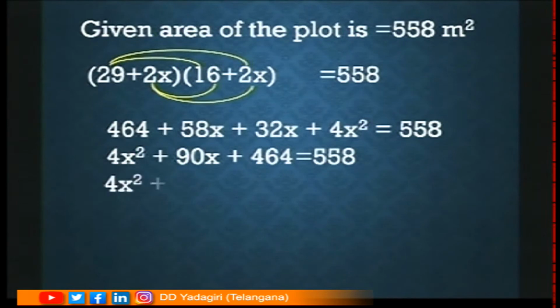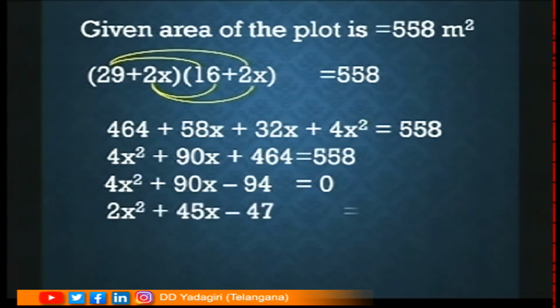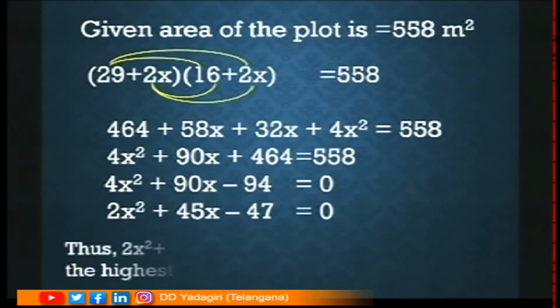As we can see, we can reduce this equation by bringing the 558 from right hand side to left hand side. Now our equation comes to 4x square plus 90x minus 94 is equal to 0. Now when we divide the complete equation with 2, we get a new equation 2x square plus 45x minus 47 is equal to 0.